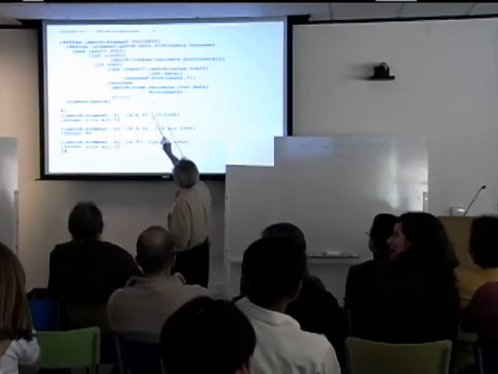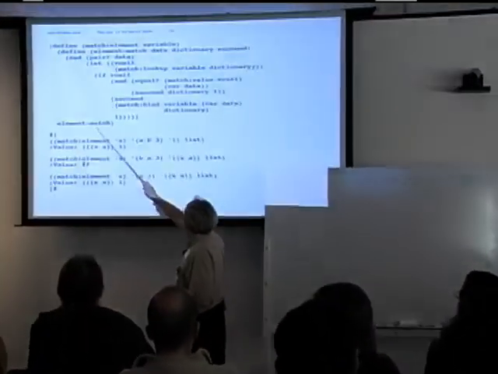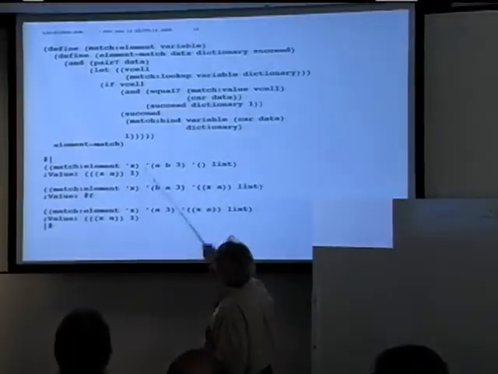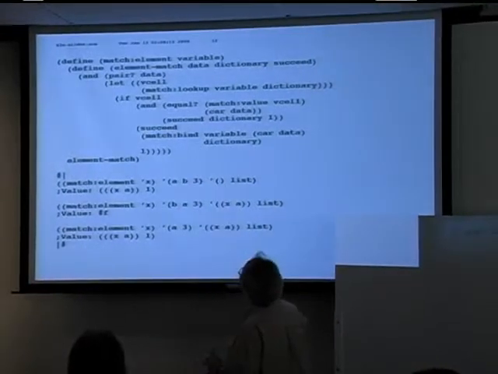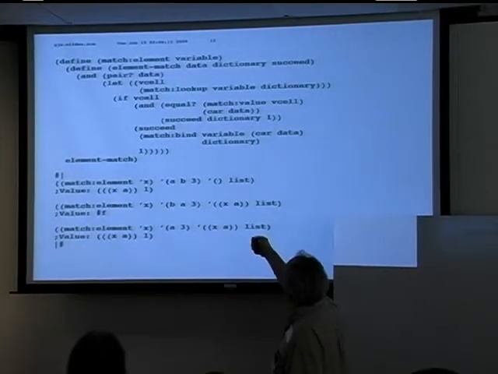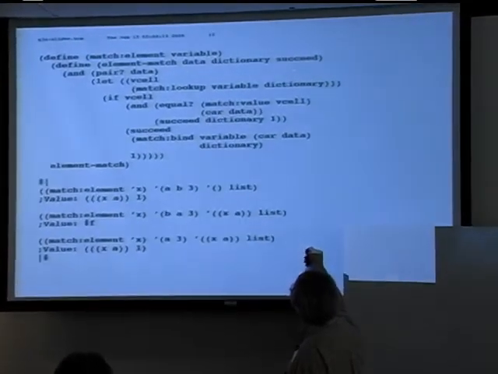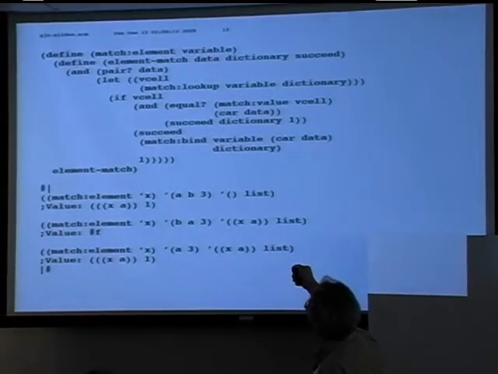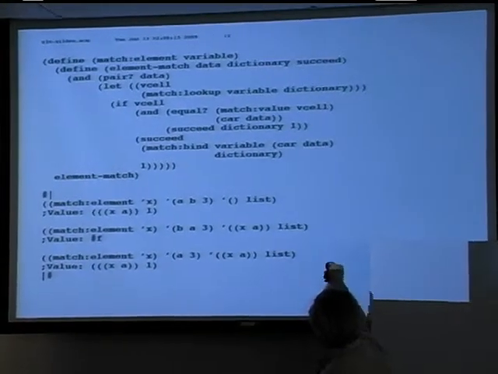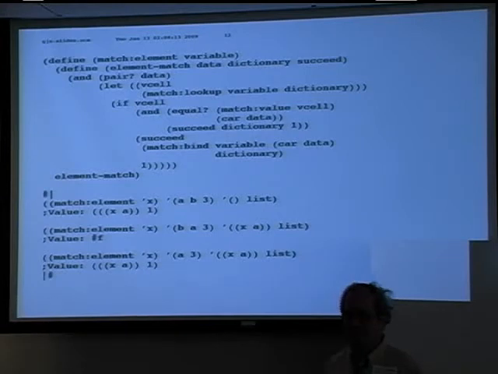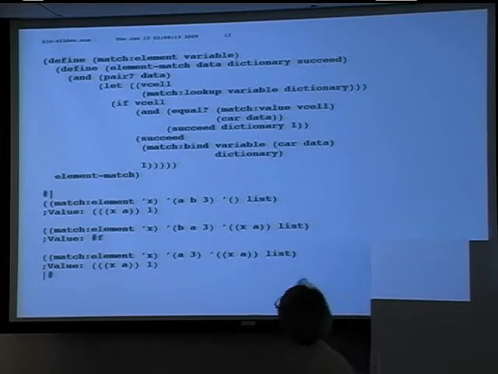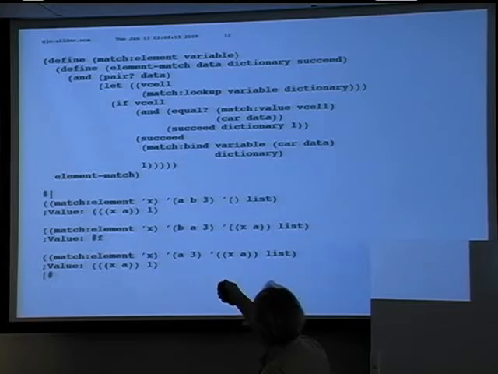Anyway, this procedure returns an element matcher, and the element matcher is a particular procedure which is just like the previous one you saw, which takes three arguments: a data stream, a dictionary, and a succeed continuation. What it's doing is the following. It makes sure that there is something to eat.